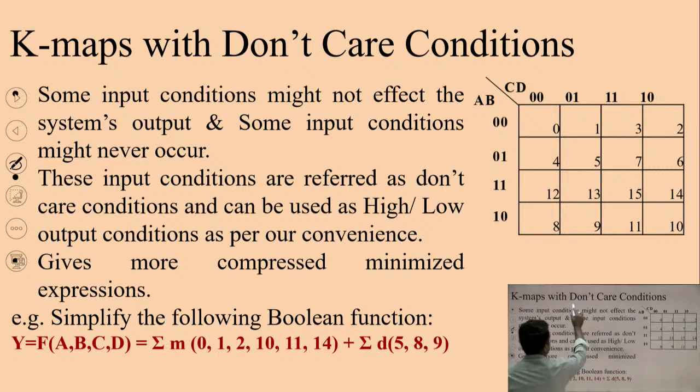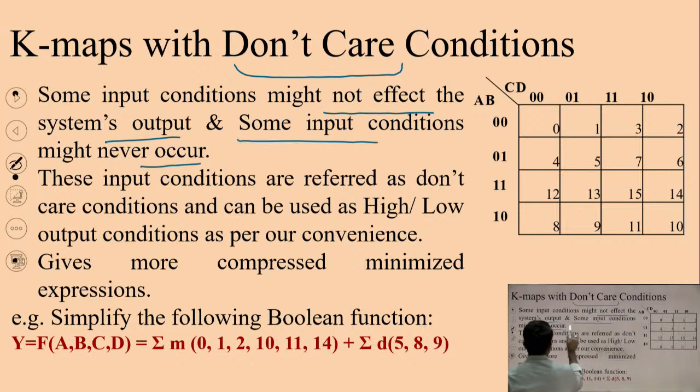So another important concept is the don't care. In the don't care condition, some of the inputs might not affect the system output and some input conditions might never occur.